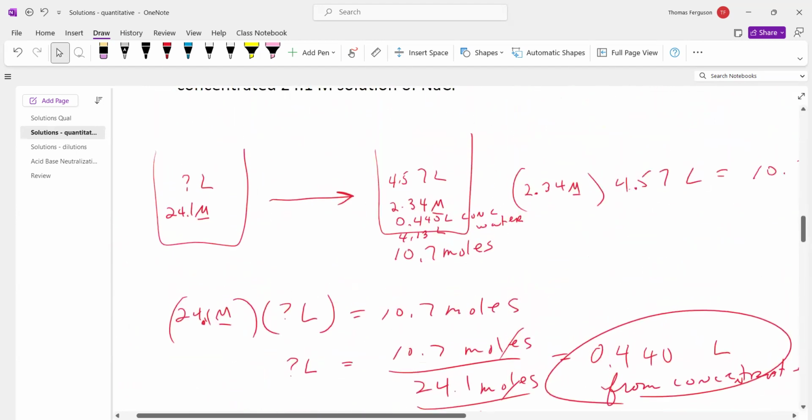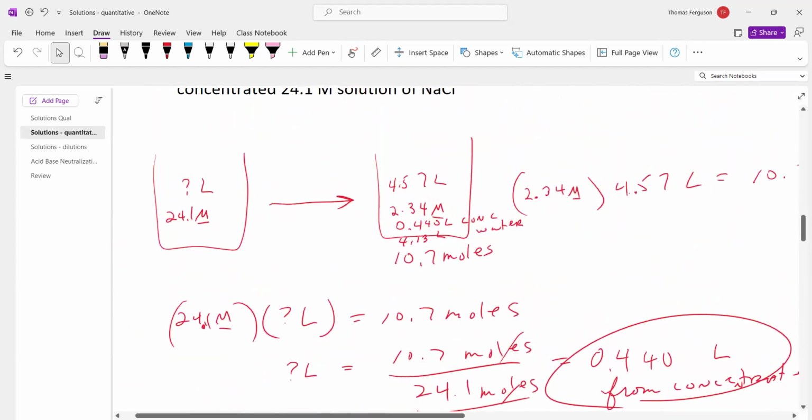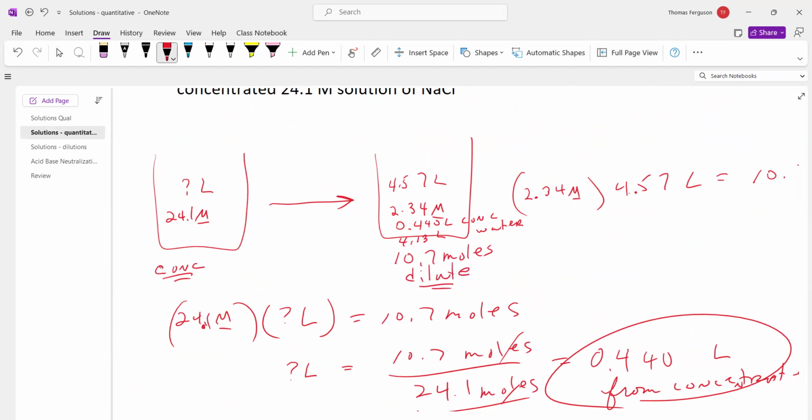You have a concentrated side and a dilute side. The concentrated side is the side for which you start the dilution process. So you're going to add so many liters of the concentrate into the dilute liquid.